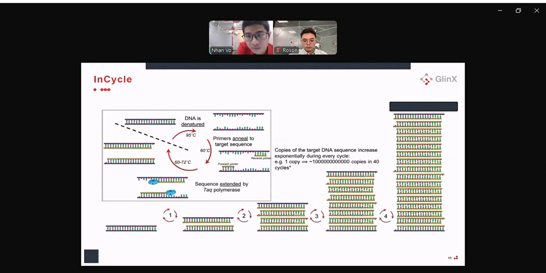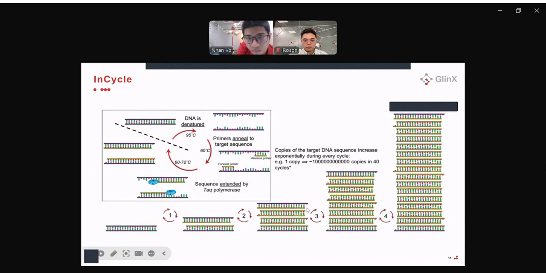This is a kind of exponential DNA amplification. You can have a look at this image. We can raise an example. When we put in one target chain, after one cycle of amplification it becomes two target chains. After the second cycle it becomes four.